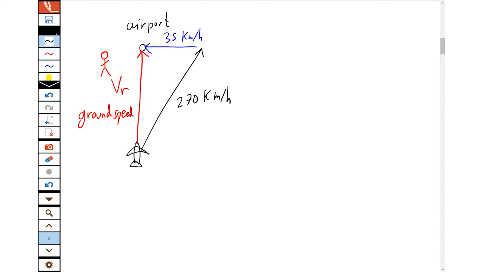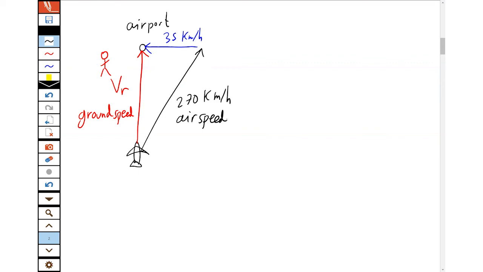Whereas the plane's speed is sometimes called the airspeed, because that's what it's doing in the air. It doesn't care that the air might be blowing it around with the wind. So what direction do I have to aim to get to the airport? And what speed am I actually going according to the ground?